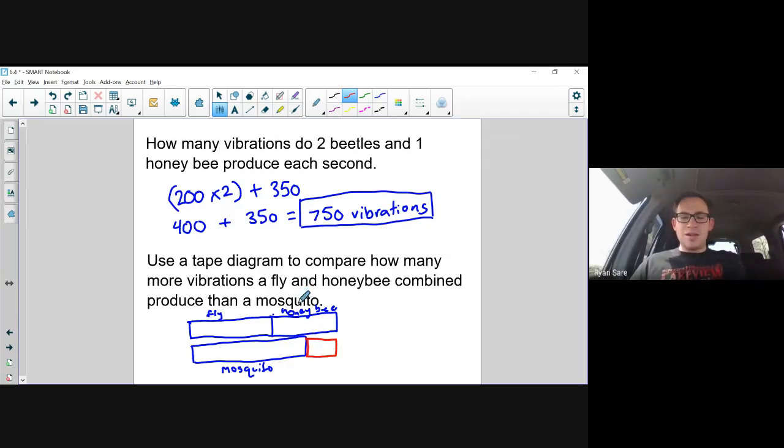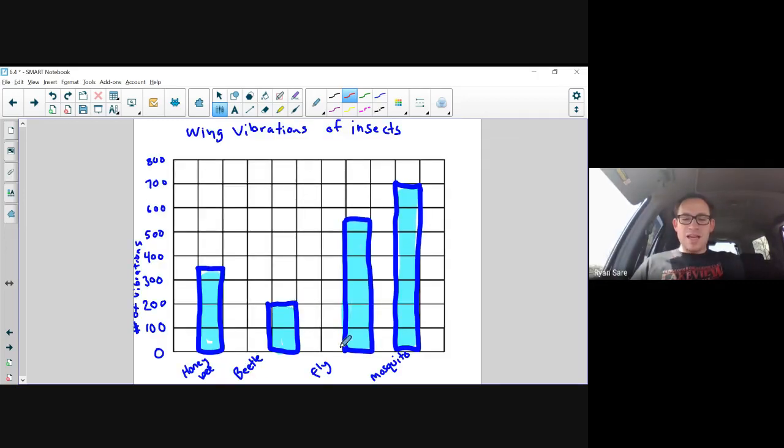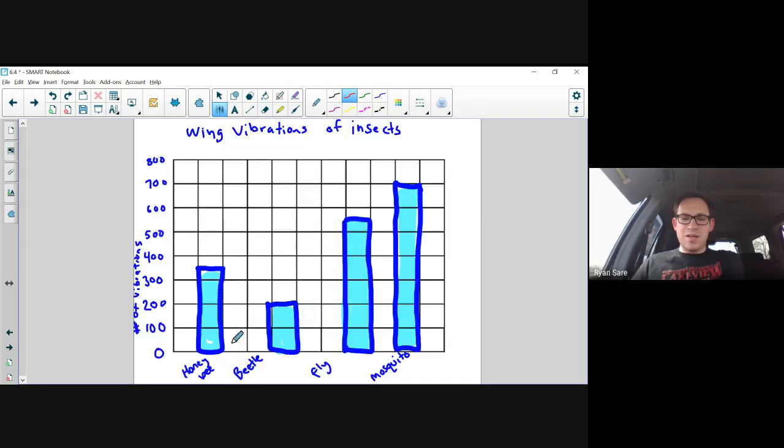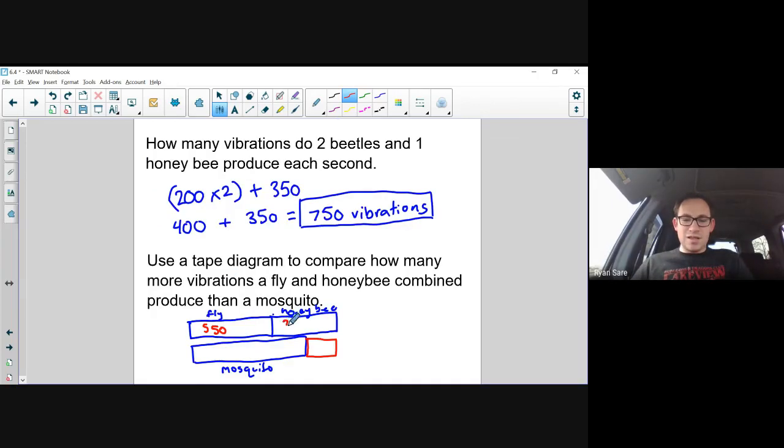Okay, so let's look at our numbers. The fly was this one. It was 550. The honeybee was 350. And I'm going to go ahead and say that that equals 900 over here. 50 and a 50 make 100.